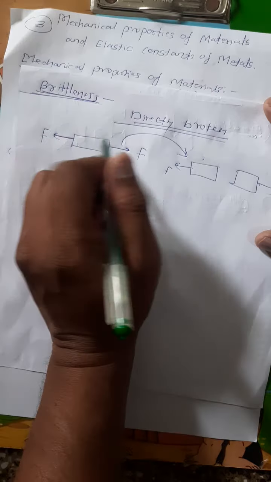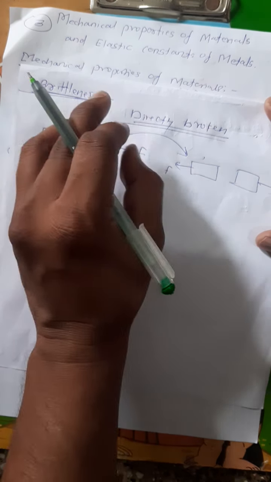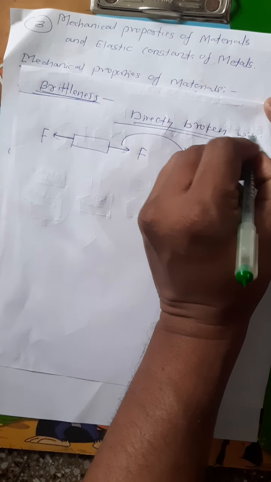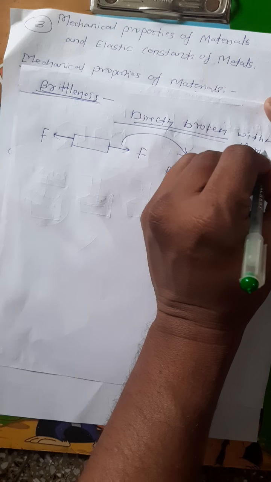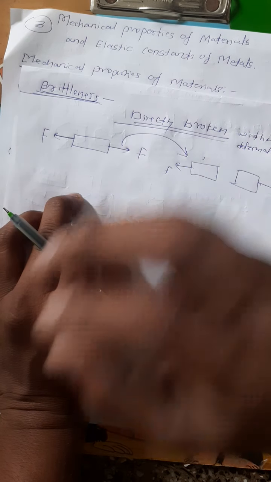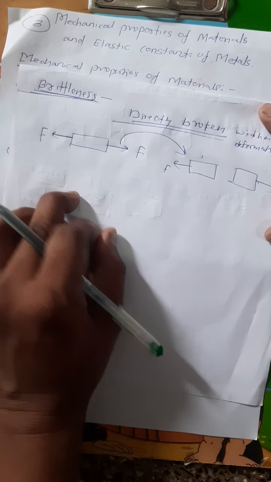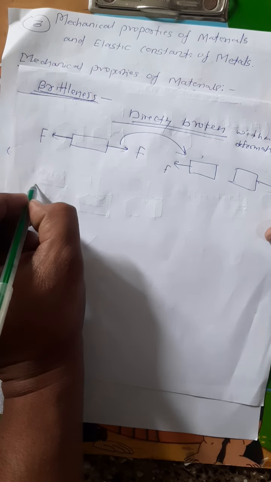It is the ability of a material by which we find it directly broken into two pieces without deformation. Without deformation, we find that material directly broken. It is called brittleness.